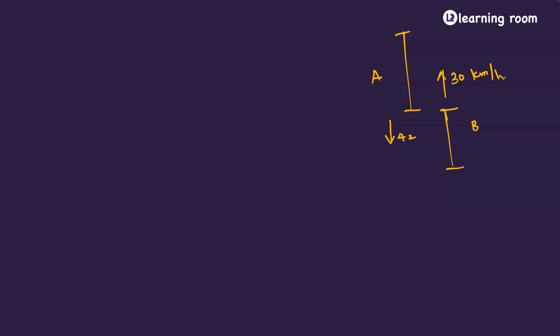Meaning, if I want this B to come to rest, then what velocity do I need to give it in the opposite direction? I need to give it 30 kilometer per hour, so minus is obvious, it is exactly in the opposite direction. Now if I take this 30 kilometer per hour in the opposite direction, then this 42 and 30 are getting added.